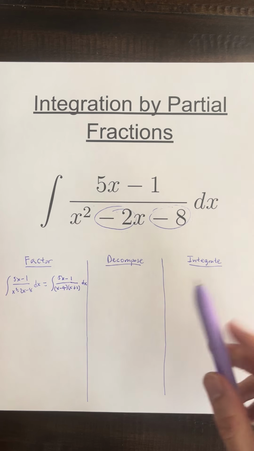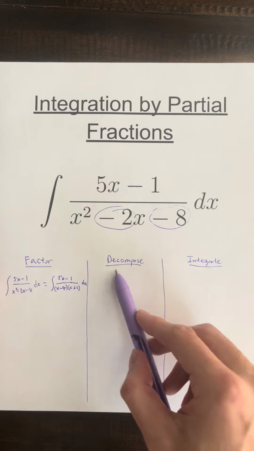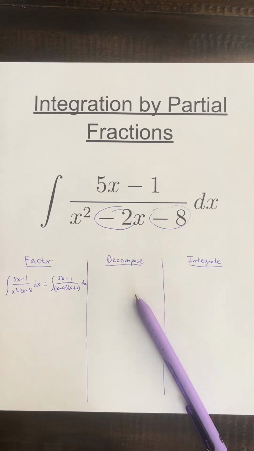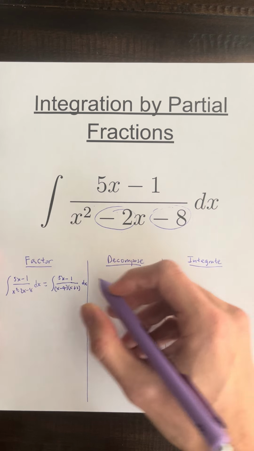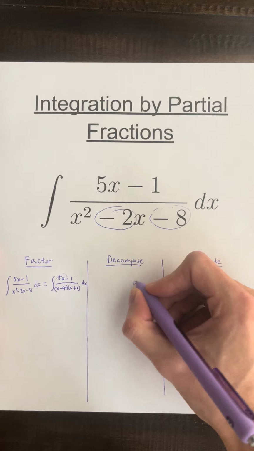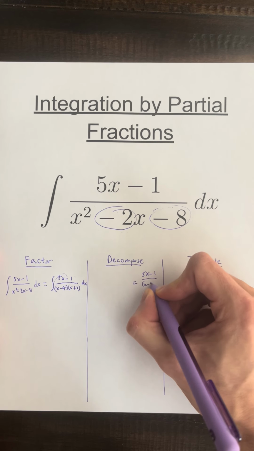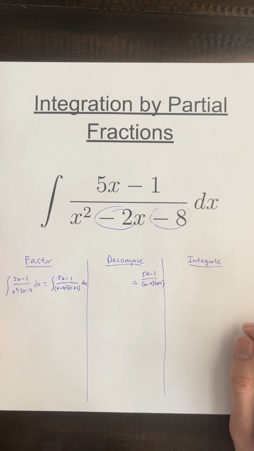Actually, I'll give you a second to pause the video and figure out what the equation should be. Okay, what did you get? So this needs to be on the right-hand side of the equation.